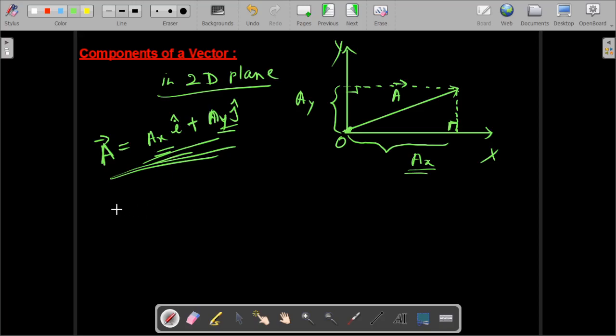Similarly, if a given vector is in three-dimensional space, then what will we get?